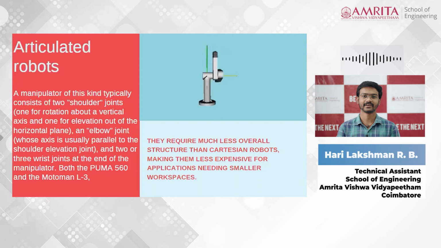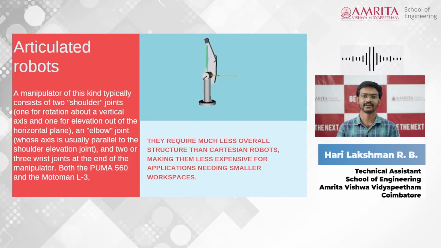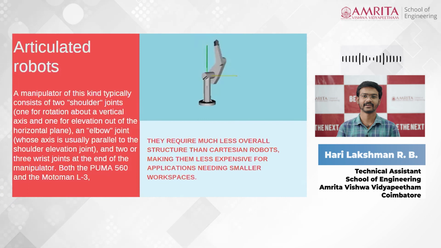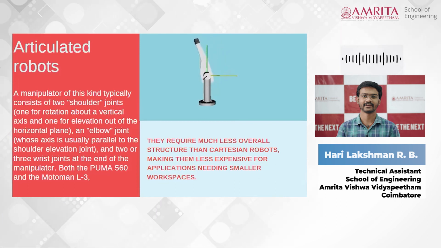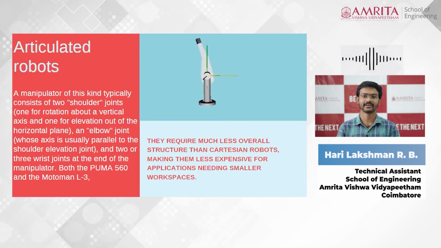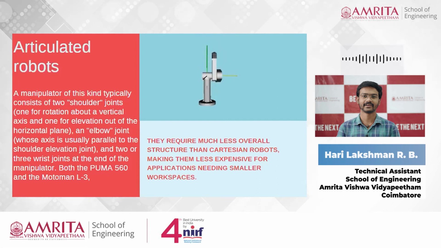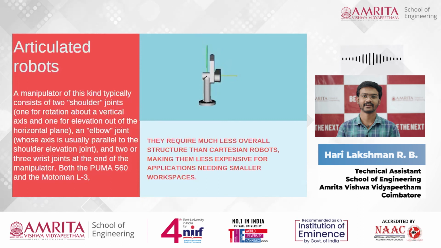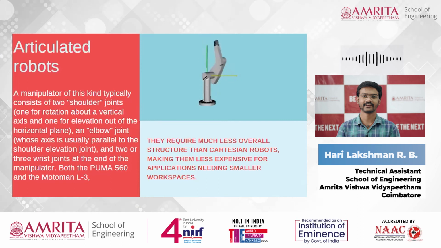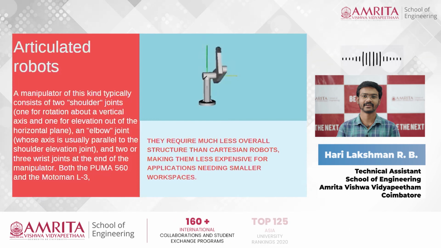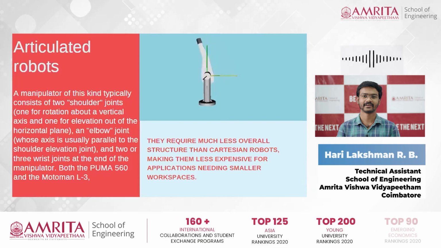A manipulator of this kind typically consists of two shoulder joints, one for rotation about the vertical axis and one for elevation out of the horizontal plane. As you could see in the image, one link is being moved out from the horizontal plane, and another rotates about a certain desired axis.